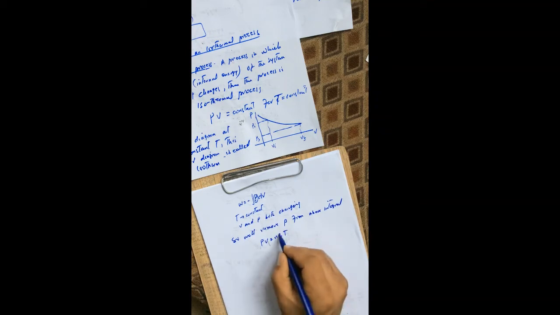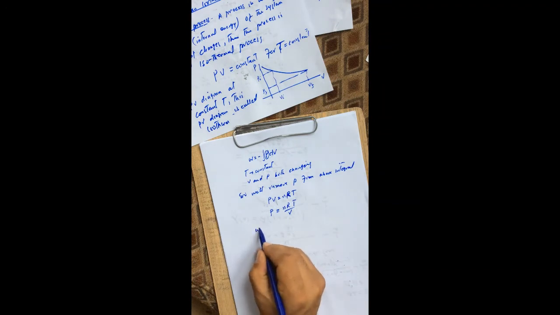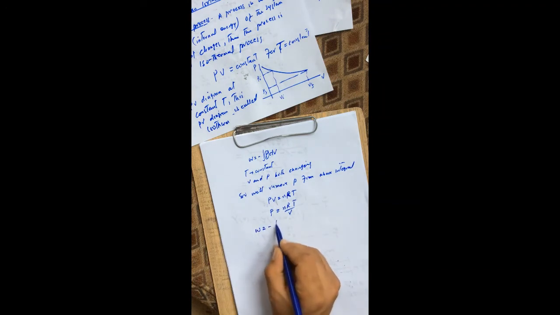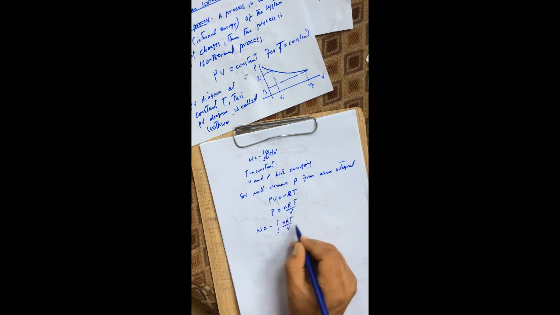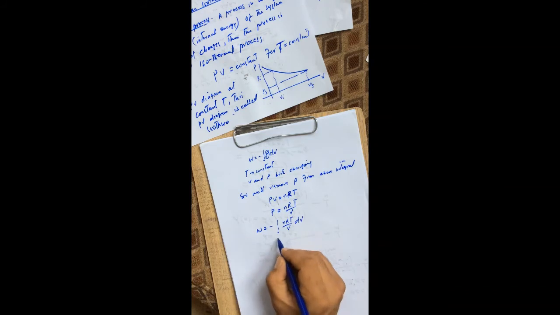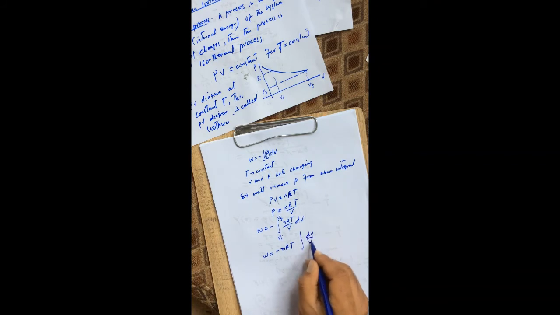So P will be equal to nRT over V. If I put it in the above equation, then the pressure is replaced by nRT over V into dV, and the volume is changing from the initial volume to the final volume. nRT are all constant, so I will bring them outside of the integral. So we have minus nRT, and here we have dV over V, with the volume from the initial volume to the final volume.